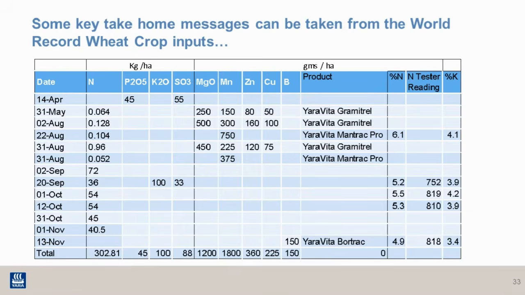I think there are some lessons that we can learn from and some take-home messages that I've highlighted there, but also come through when we look at the world record crop that was achieved. And yes, of course, we all aspire to those 17-tonne crops, but I think it's really interesting to see how they drove that yield through the use of the key nutrient programs that they used. You can see Gramitrel was very much a feature of that program, but also the boron that we've talked about.